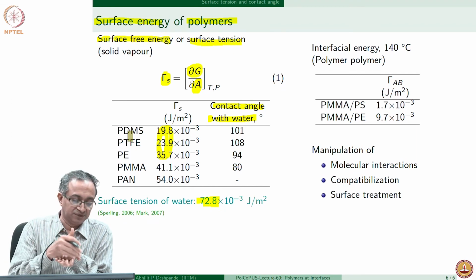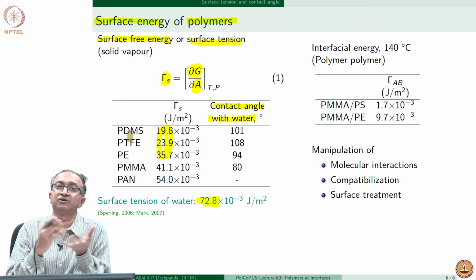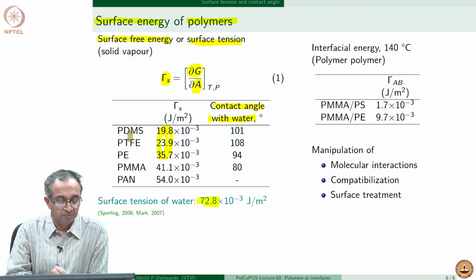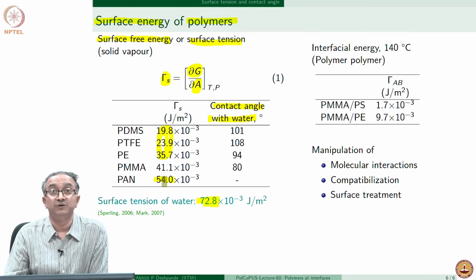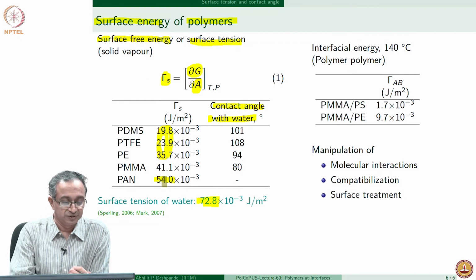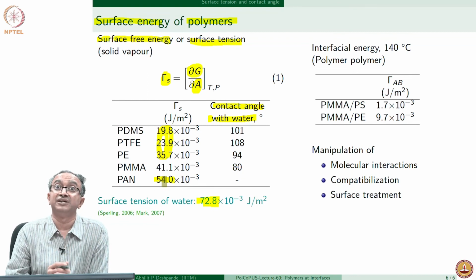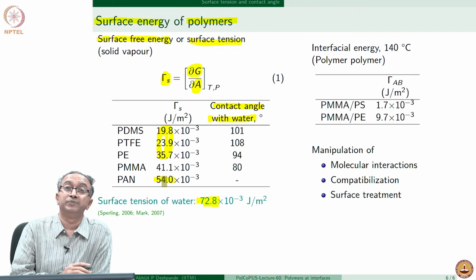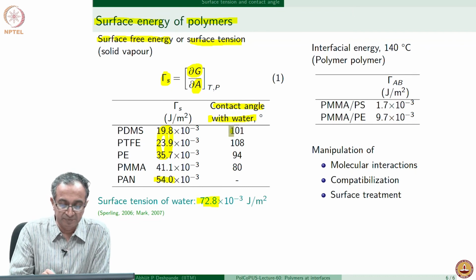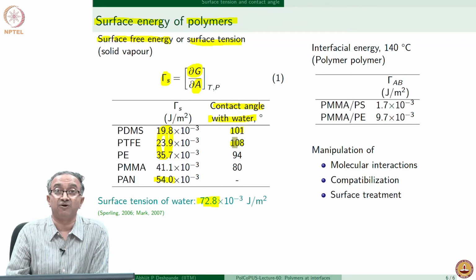Since PDMS and PMMA and all these polymers are non-volatile, there is no macromolecule in the other phase. But you can see polyacrylonitrile, which is a water soluble polymer, has a surface energy which is on the higher side. So, you can see the surface energy gives you a very good indication already about hydrophobic or hydrophilic nature of a surface. And the same can be looked at by looking at contact angle also.